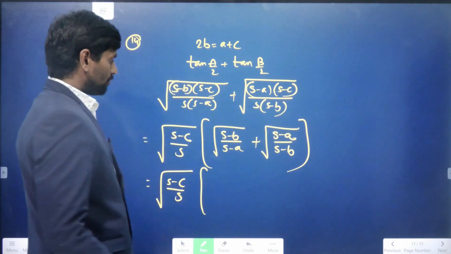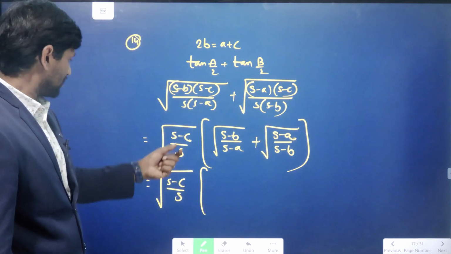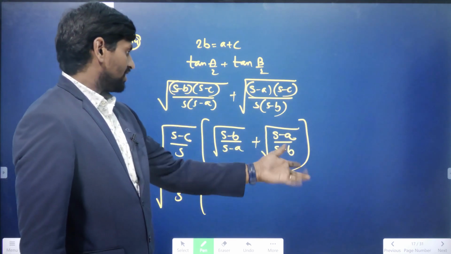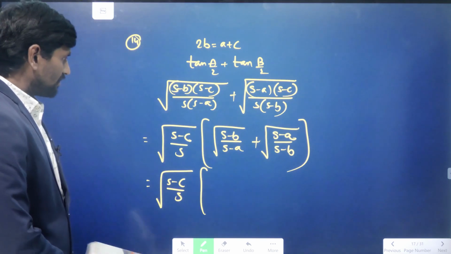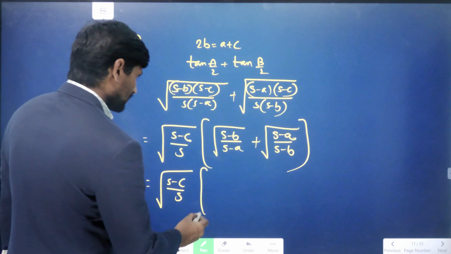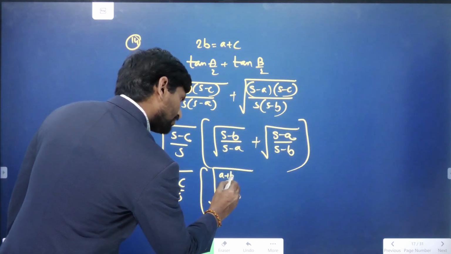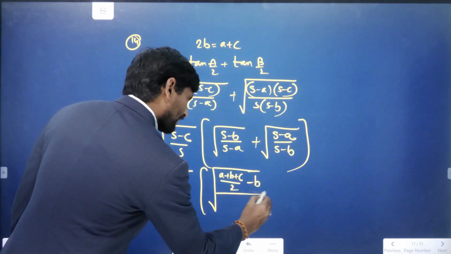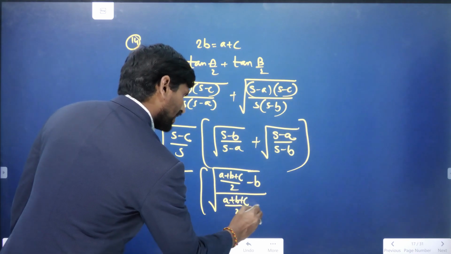After taking the common terms, root (s minus c)/s, the (s minus b)/(s minus a) value will remain. The s value is (a plus b plus c)/2 minus b, over (a plus b plus c)/2 minus a.